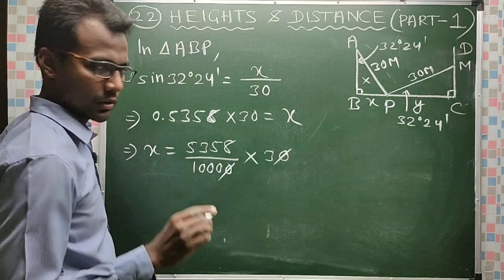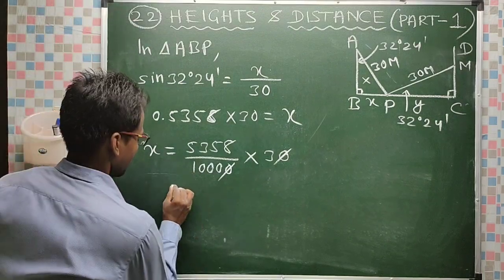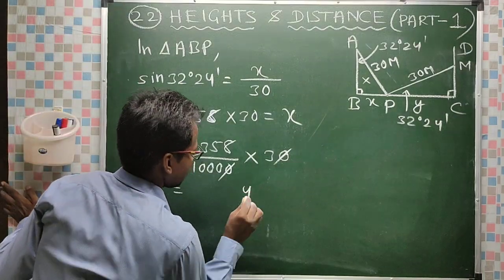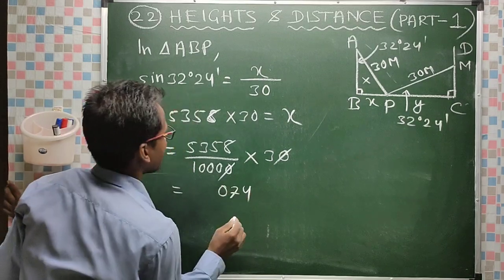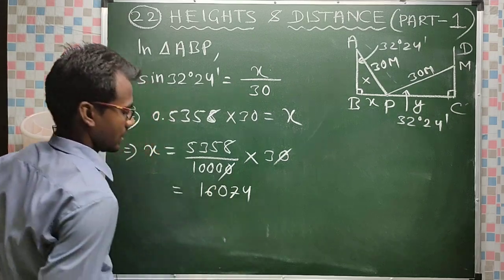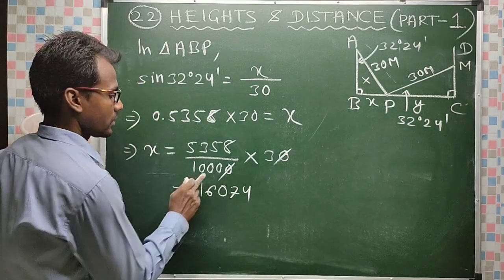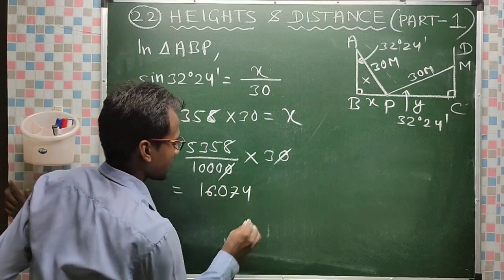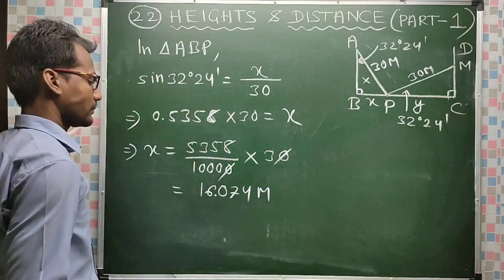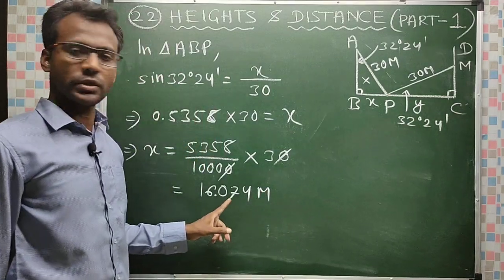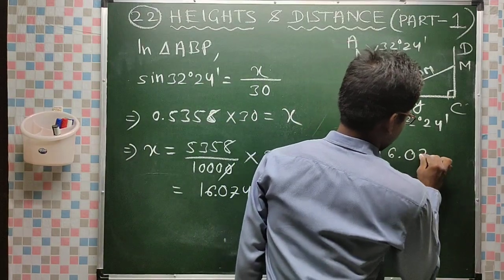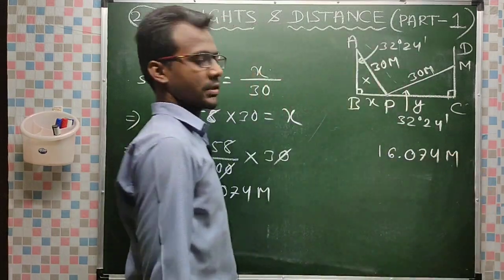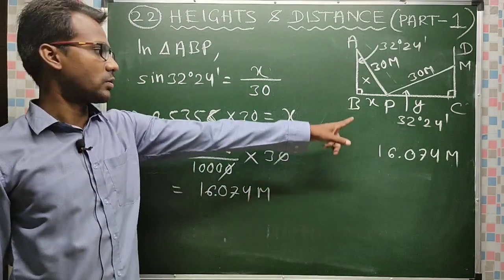Always avoid decimal to avoid mistake. Okay, so this is equal to 16074 by 1000, which will give you 16.074 meters. Okay, I got 16.074 meters, the value of X.